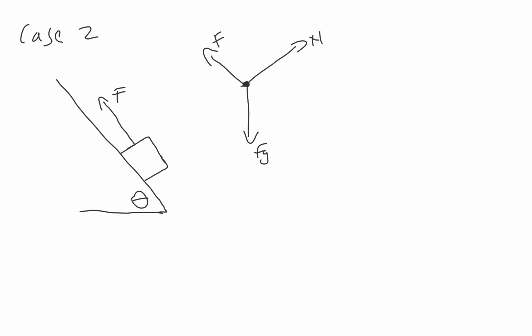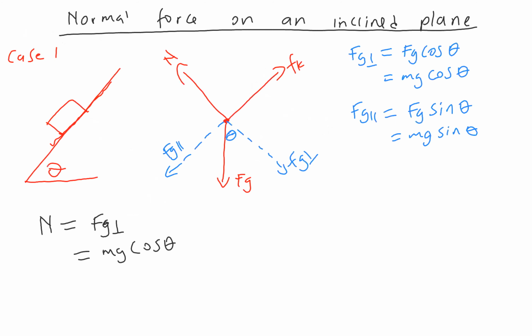Going down, we're going to have friction. In our previous example, we said Fk. No, it's not Fk. It can only be Fk if it's moving. So this one, let's just assume it's not moving. We'll just say it's Fs.